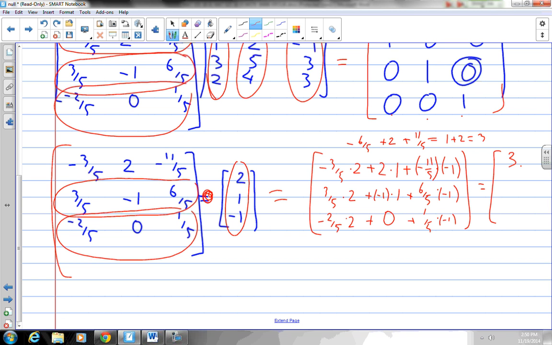The other one is 6/5 minus 1 minus 6/5. Woo! Negative 1. I'm so excited. I didn't expect it to come out to be that pretty because I was making stuff up. And then negative 4/5 minus 1/5 is negative 5/5. It's another negative 1. That's the solution to that system. 3, negative 1, negative 1. Boom!